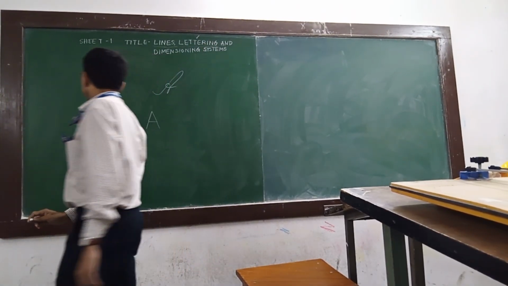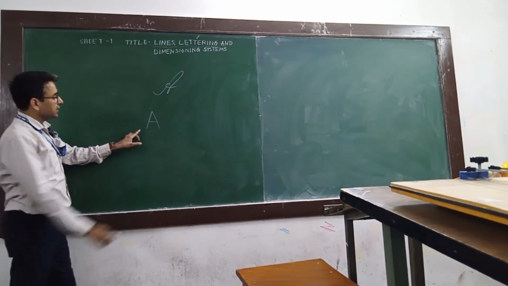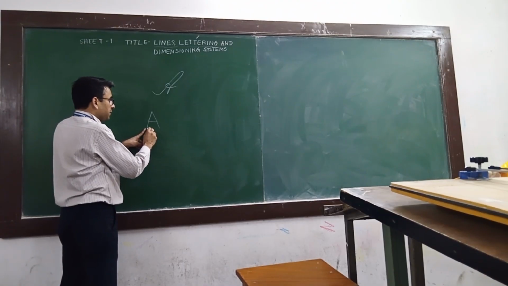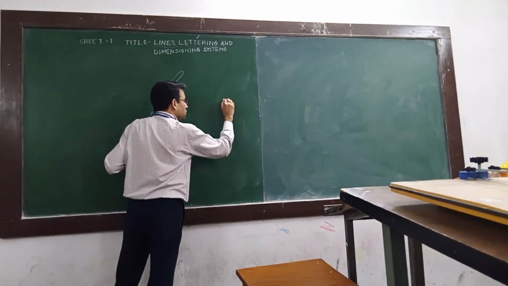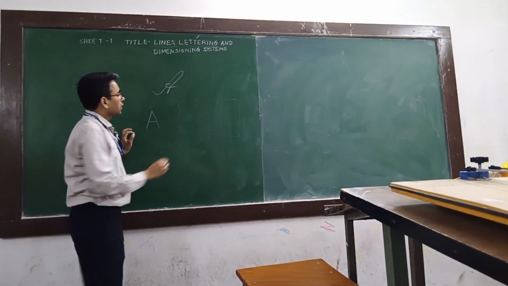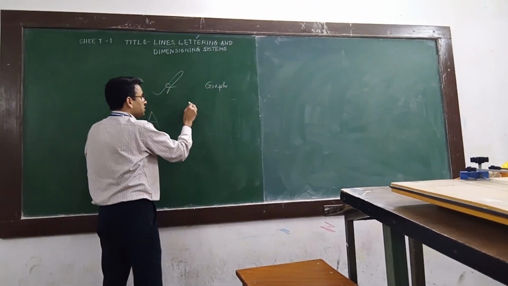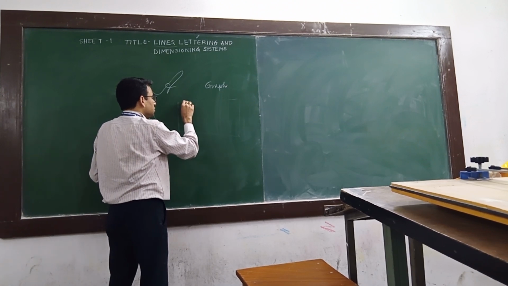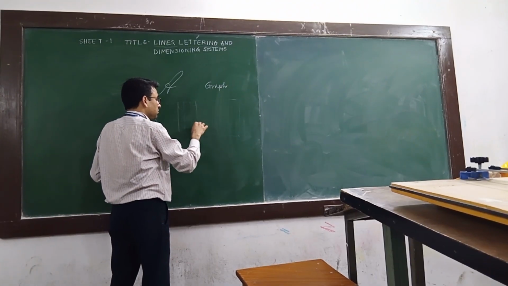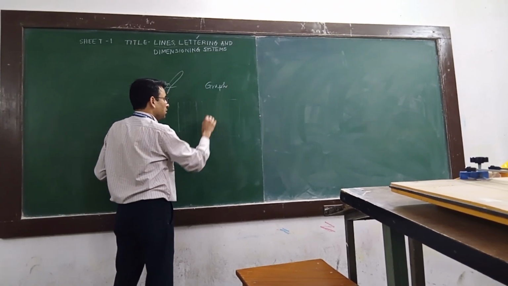Clear? Before lettering, the first thing we will do is make a graph first. Graph means a grid, right? Like the graph sheet you have seen, in centimeter, millimeter, inch, you have a particular uniform grid like this.